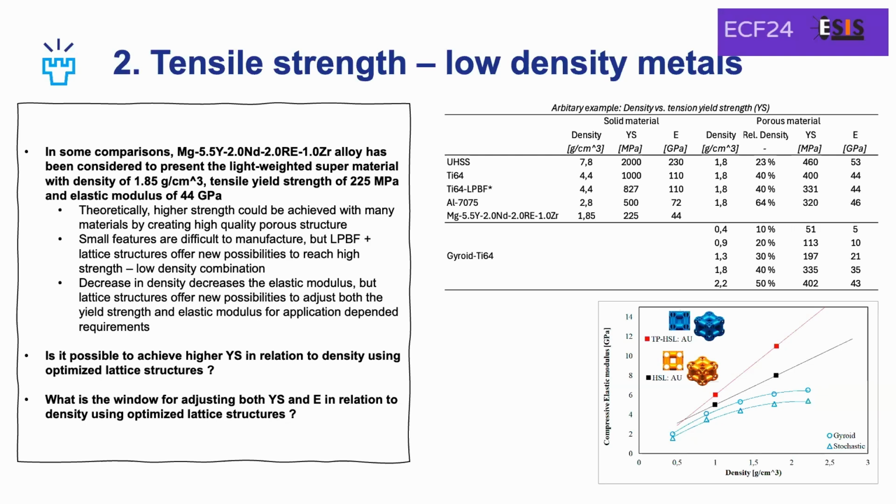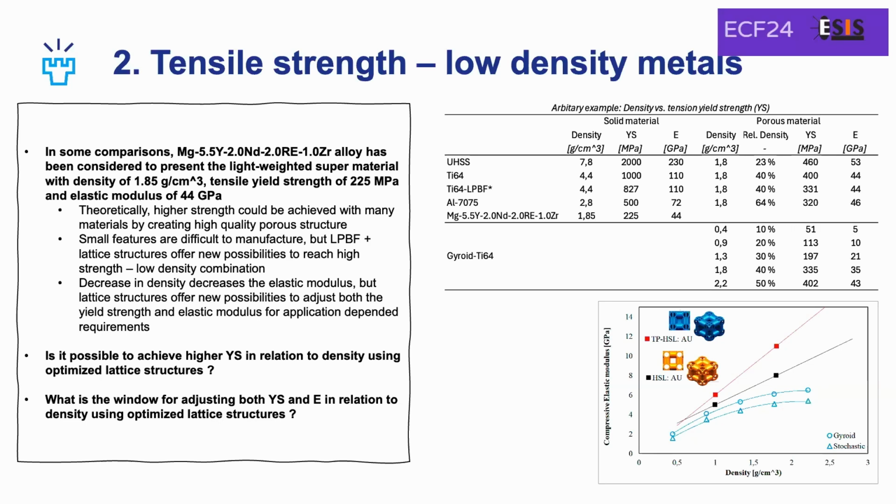We have compared these results with other groups in the world, and depending on the lattice structure that we use, we have quite nice possibilities here also to control the elasticity.